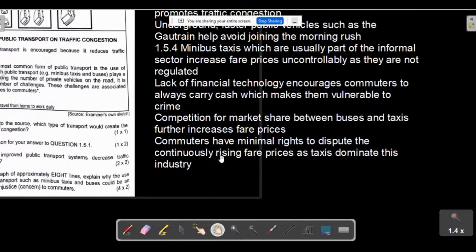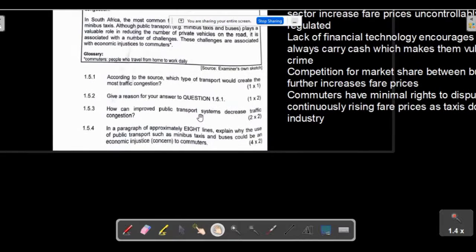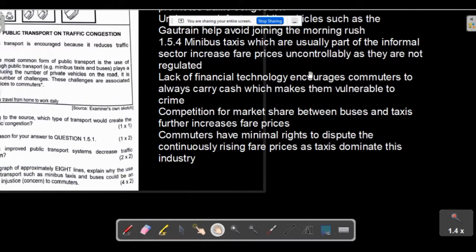So, guys, I'm not disagreeing with your answers. I would actually mark them correct because they make sense and they are true. So it's really subjective, guys.